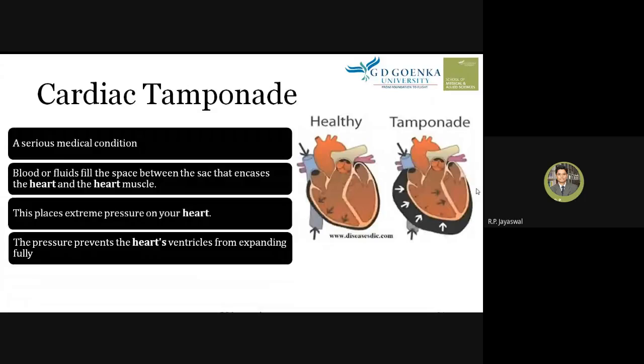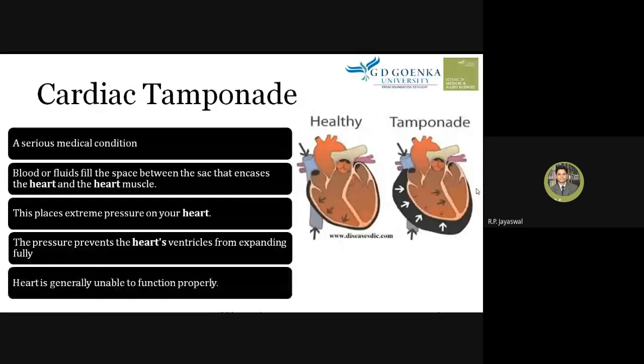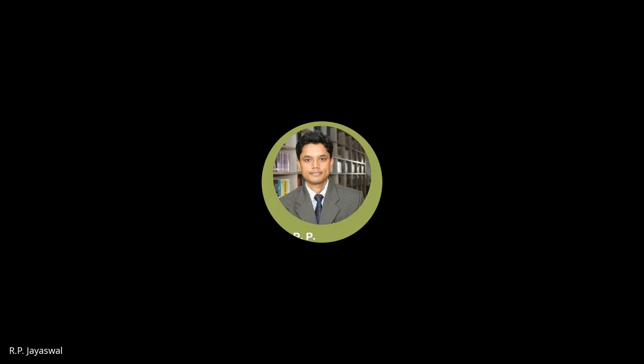So your heart is generally unable to function properly because of this pressure caused by the fluid. The ventricles of the heart will not be able to expand fully, and because of that the heart is unable to function properly. This is called cardiac tamponade.